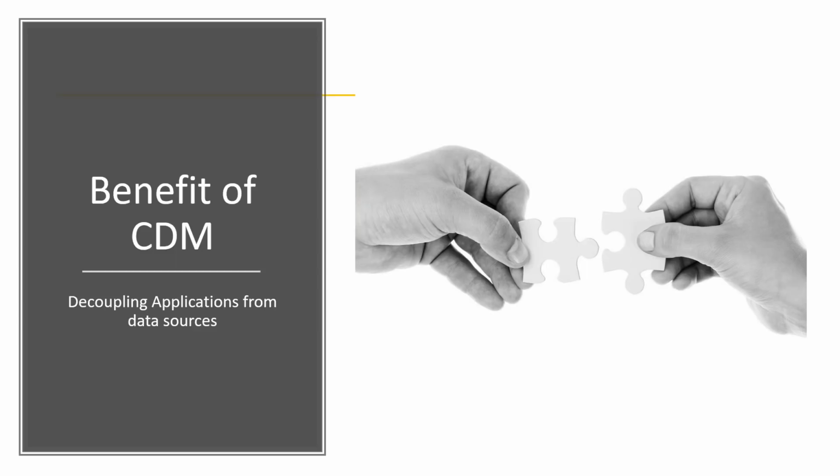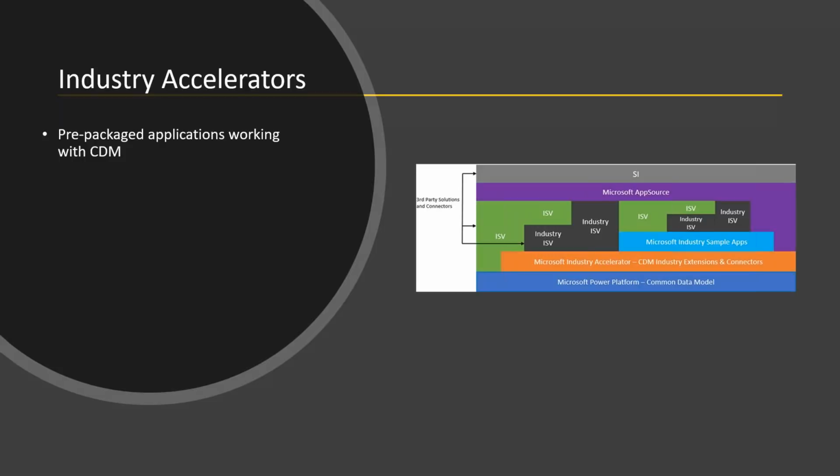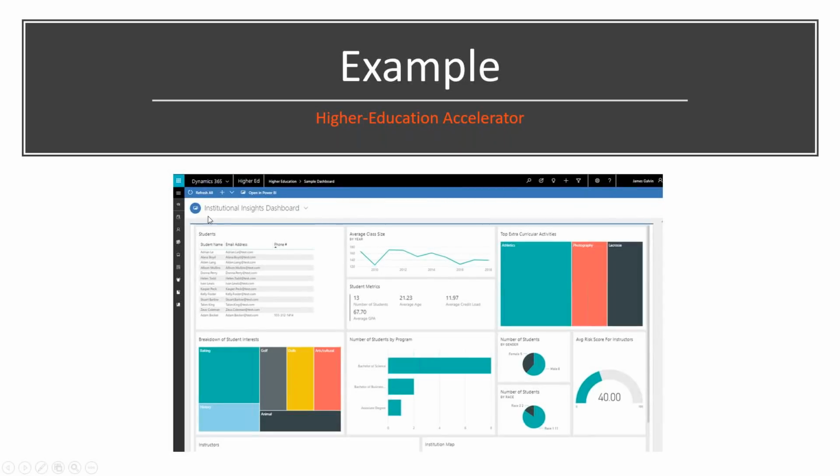Things called industry accelerators are used quite often for this. With a common data model in between, you can have the application layer and the data source layer decoupled from each other. For example, if I have a Power BI application related to higher education, it gets higher education data and analyzes it.